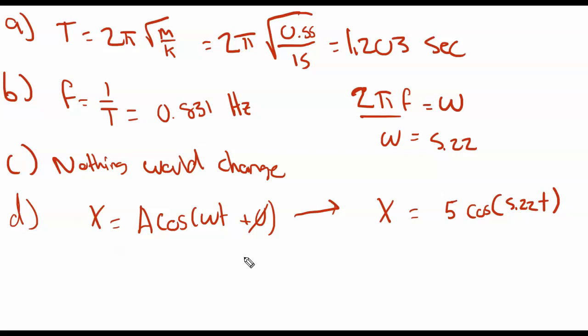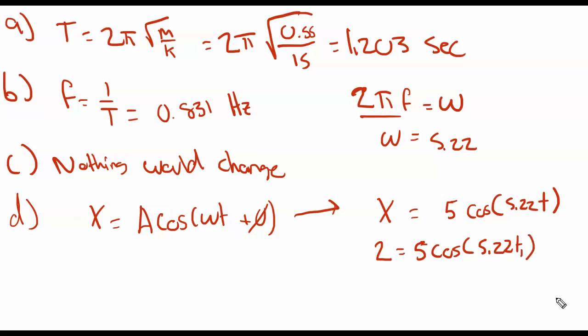And so for part D, I want to find the value of t such that x is equal to 2 centimeters. I'm looking for the first time, which the question calls t1, where this equation is satisfied.